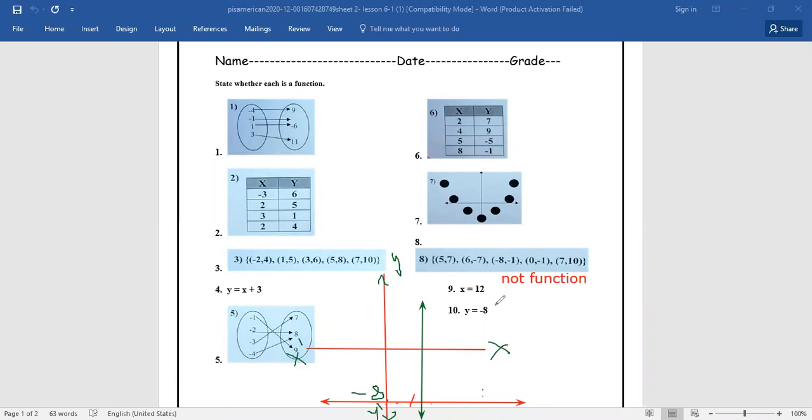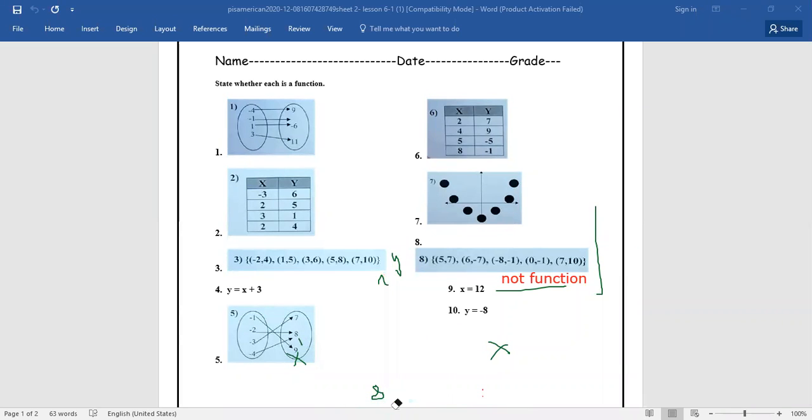So once you have x equal 12, it will be parallel with the y-axis, which means it is undefined, so this one is not a function. Y equal negative 8 is parallel with the x-axis, and the vertical line test will intersect at only one point, so y equal a number will be a function.